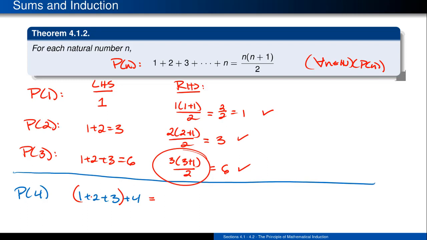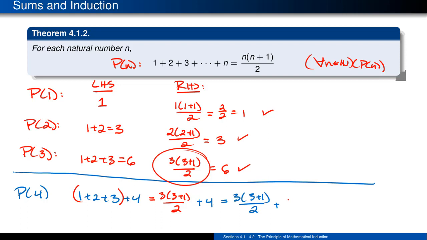Those first pieces turn into 3 times 3 plus 1 over 2, and then I'm going to add a 4 to it. So if you do a little bit of math magic, basically giving this a common denominator, I get a 3 and then a 3 plus 1 over 2.